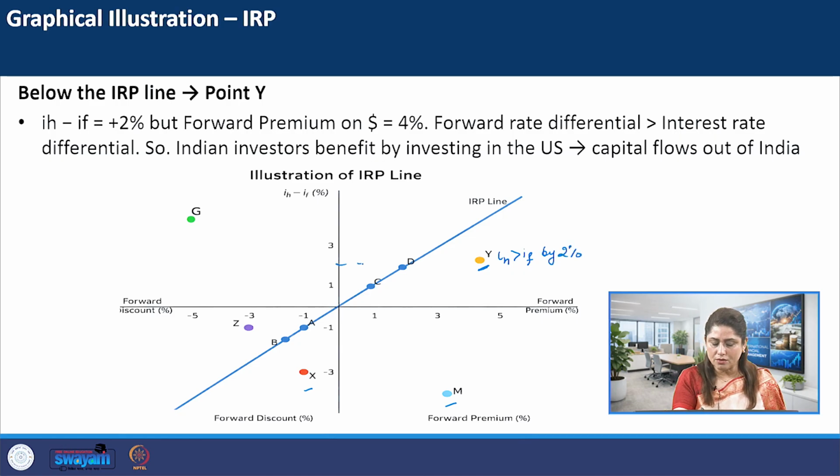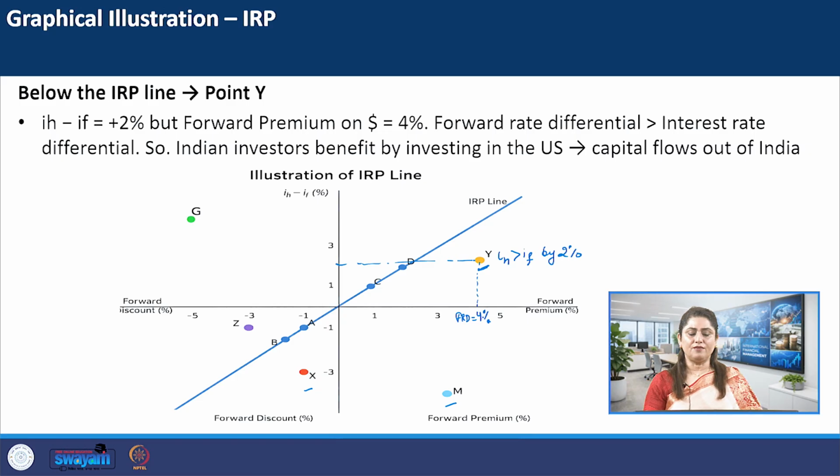So we can draw here 2%. While there is a forward rate differential, which is approximately equal to 4%.